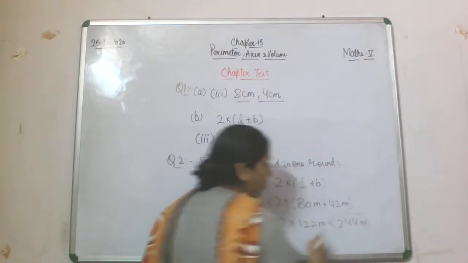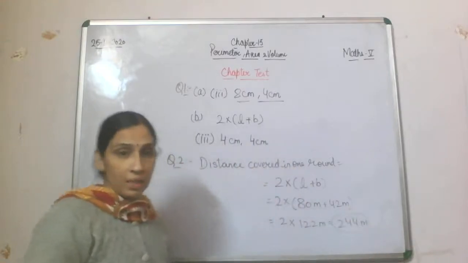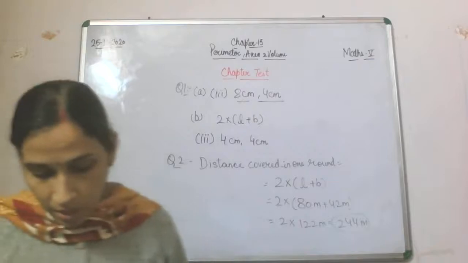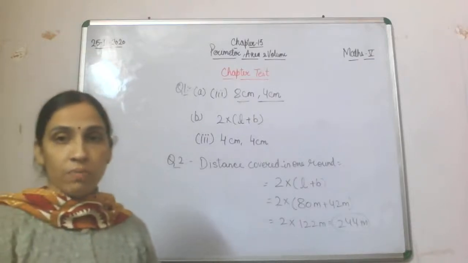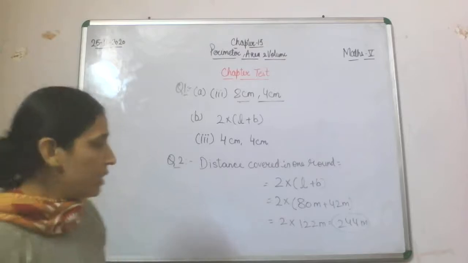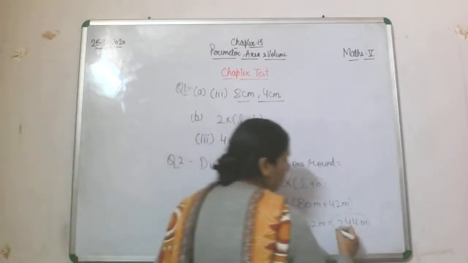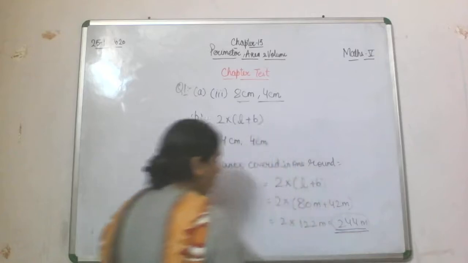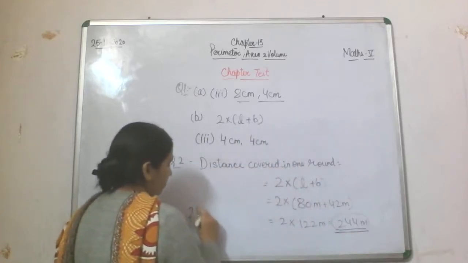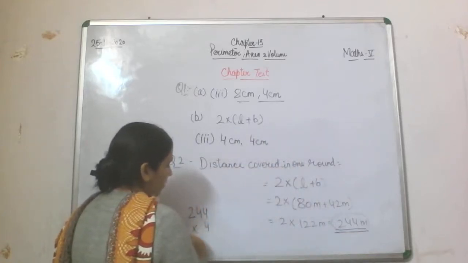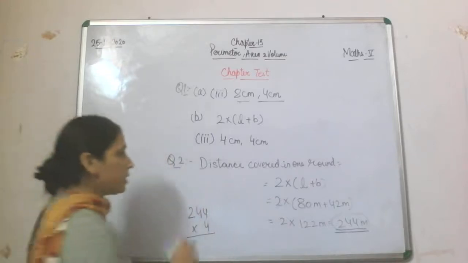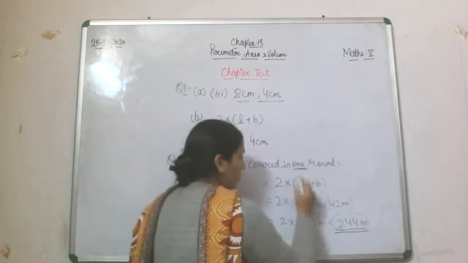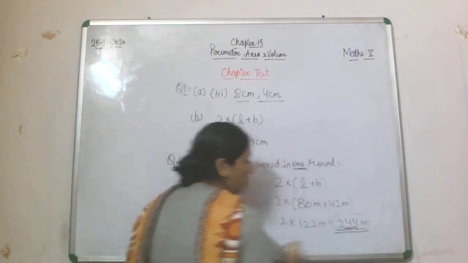Now this will be the length which is covered in one round. But you are supposed to find out the total length covered in 4 rounds. So this length will be multiplied by 4. So that will become the total distance covered in 4 rounds. Distance covered in one round is this much, 244 meter.